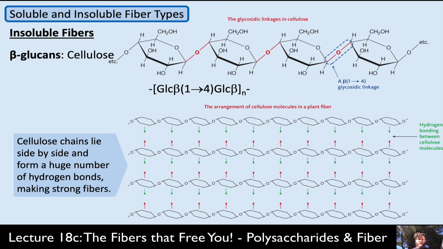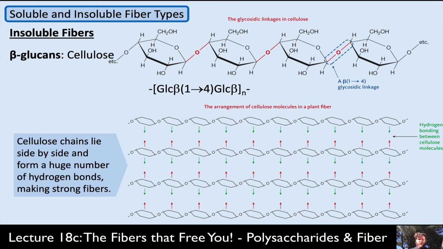I'm going to talk a little bit about some insoluble fibers. Here is the beta-glucans. Wood. This is a 2x4, cellulose. It's a beta-1,4 linkage that the body doesn't make the enzyme, beta-glucosidase, to break down.